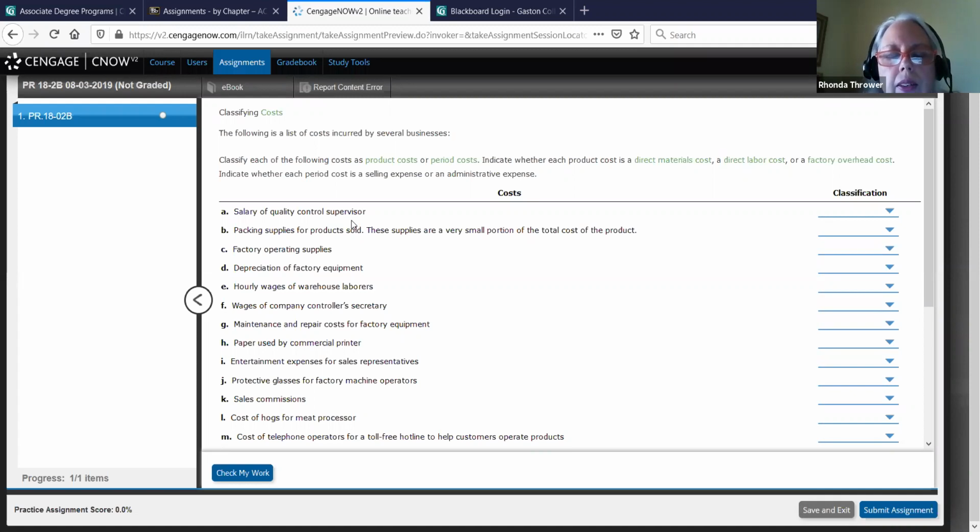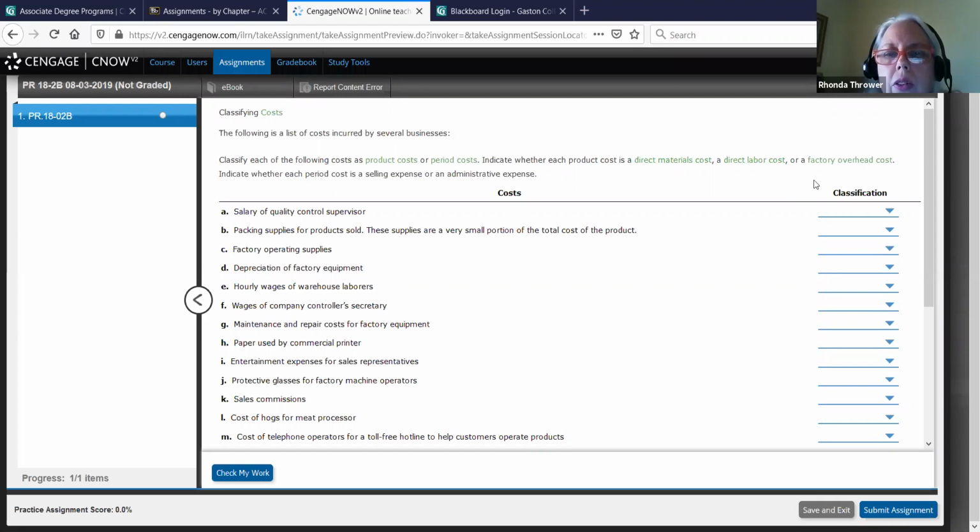They're just looking at it to see that the product was manufactured correctly. So the way I would classify this is it's definitely a product cost because it's a part of factory overhead. Direct materials, direct labor, and factory overhead are all product cost.